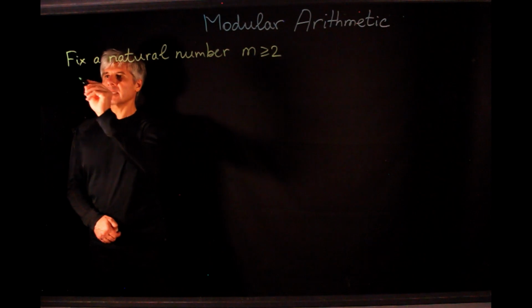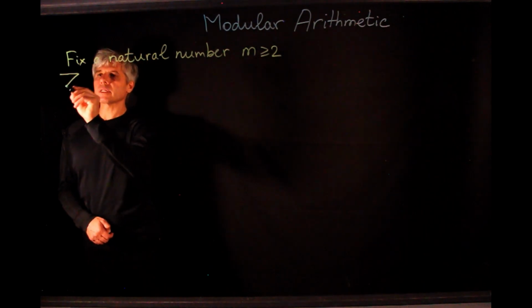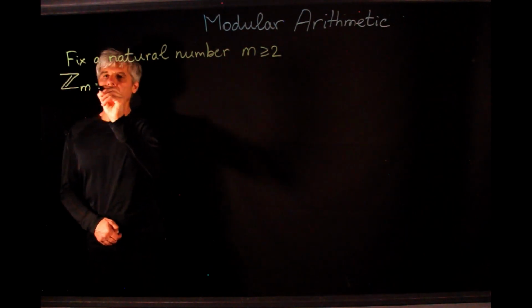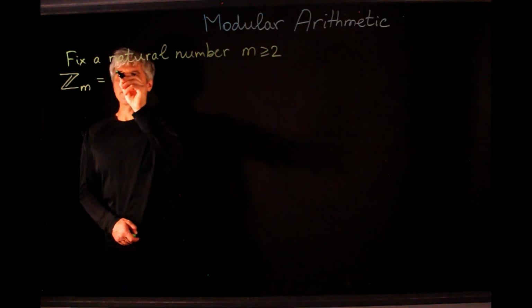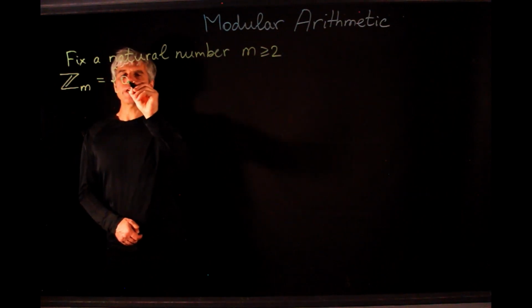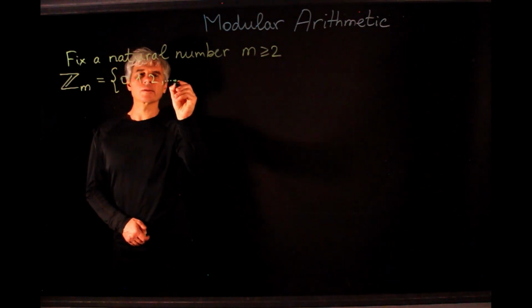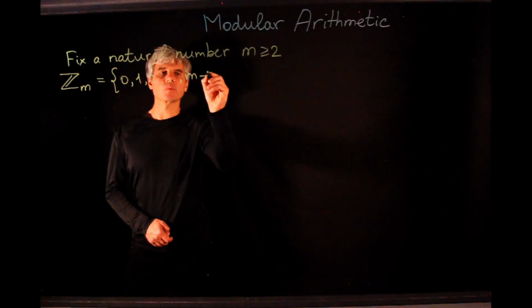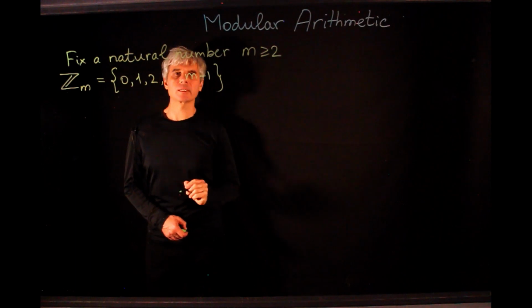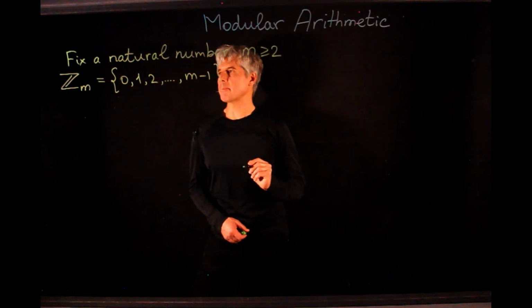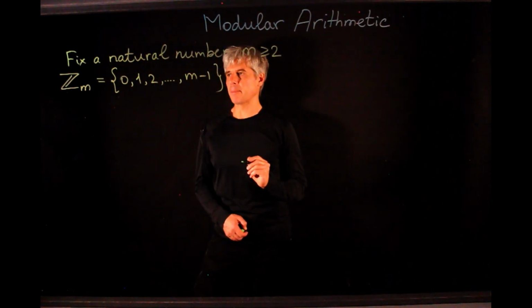And we consider the set of remainders after division by m. So that set we are going to denote Zm. So the possible values of remainders are 0, 1, 2, and all the way up to m minus 1. So m minus 1 is the highest possible remainder when we divide by m.